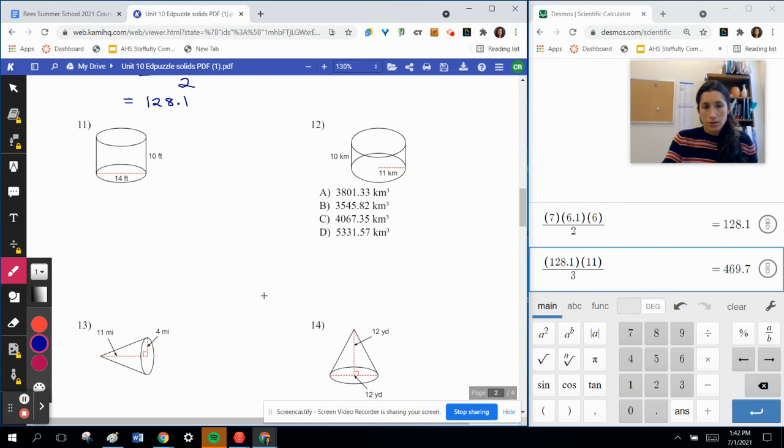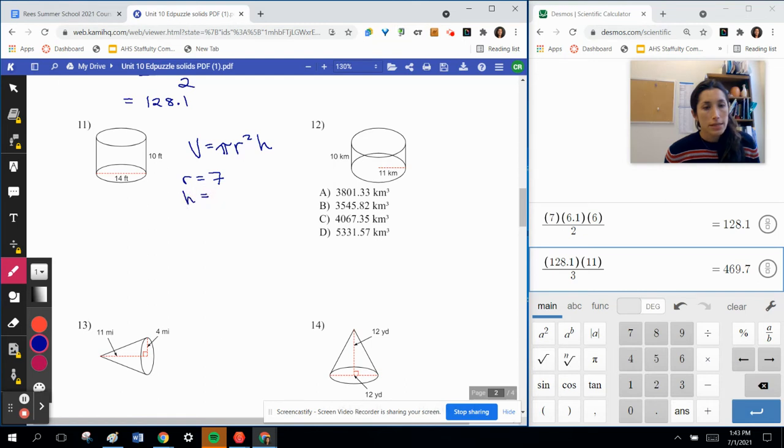Okay, and our last two shapes here, we've got a cylinder and a cone. For a cylinder, our volume is pi times the radius squared times the height. So in this diagram, 14 is actually the diameter. So that means our radius is half of that, it's 7.